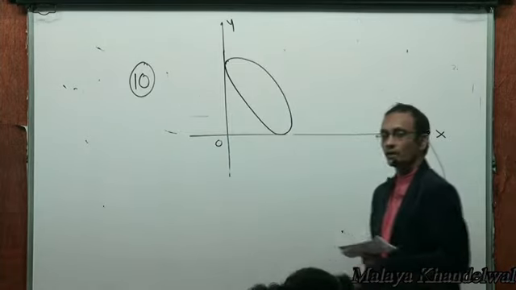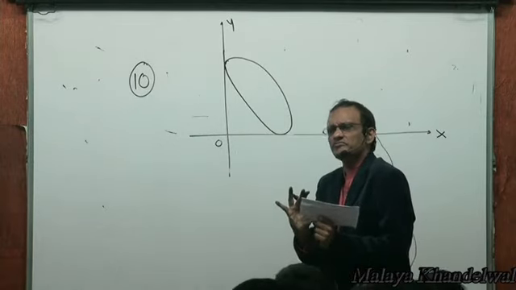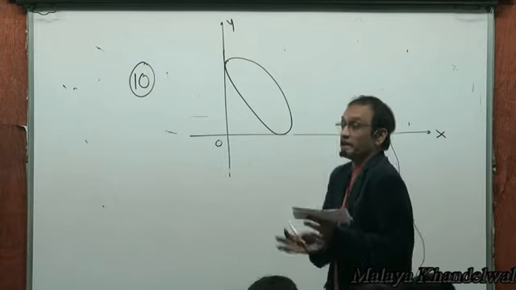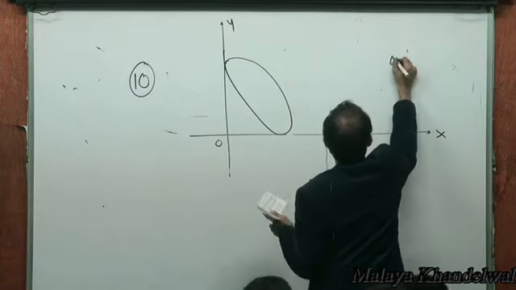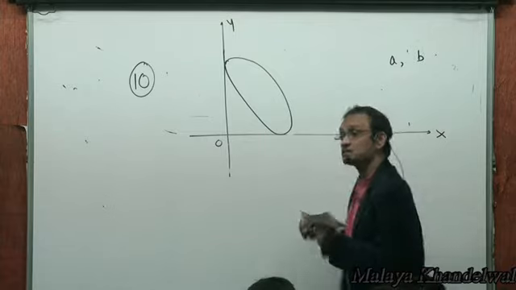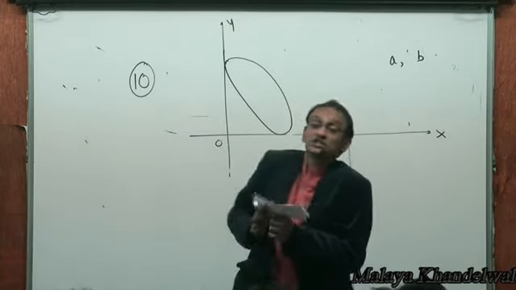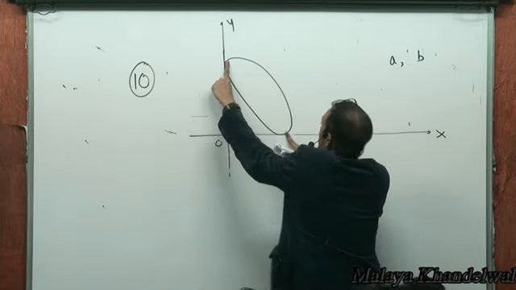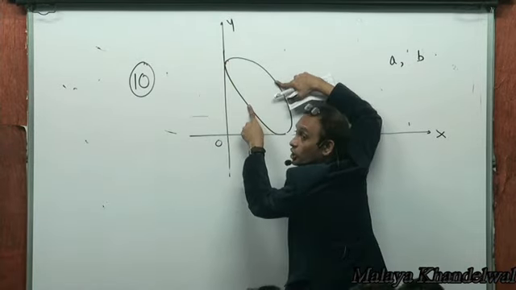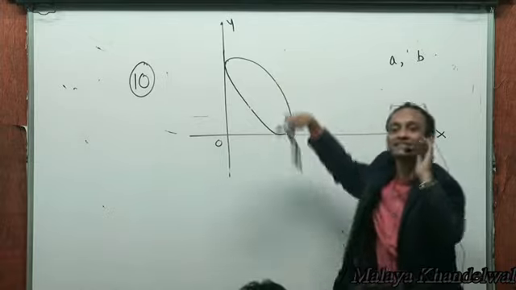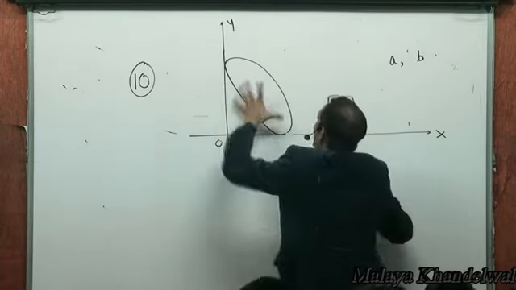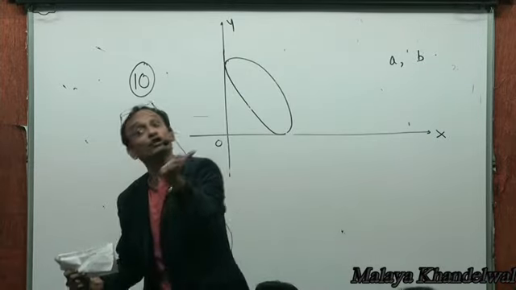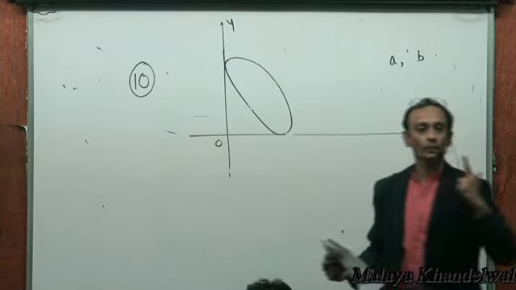The physical character of this ellipse is not changing, its orientation is changing. Its semi-major axis, semi-minor axis will remain the same. Although its equation is not x squared by a squared plus y squared by b squared, its major axis will remain 2a, its minor axis will remain 2b. But it will keep sliding such that the x and the y axis remain tangents to the ellipse at all times. Yes or no?